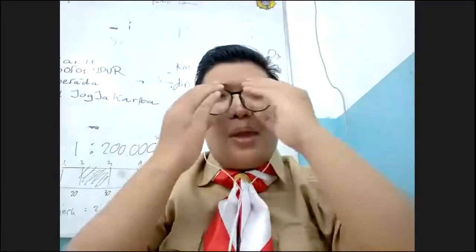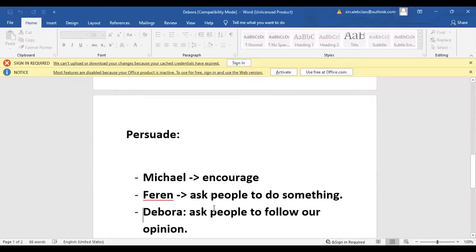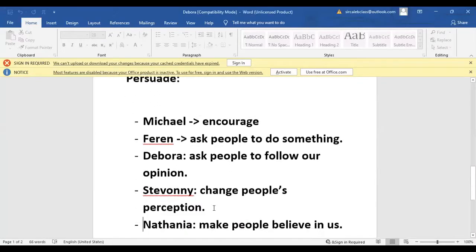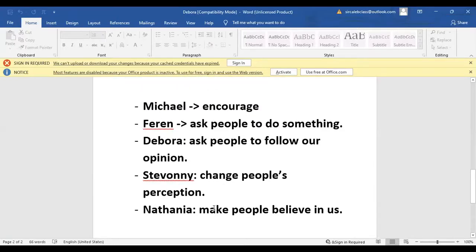And let's take a look at your opinions again about the definition of persuade. What is persuade? Michael said that persuade is about this one. Let's take a look. Encourage people. Persuade is about encouraging people.